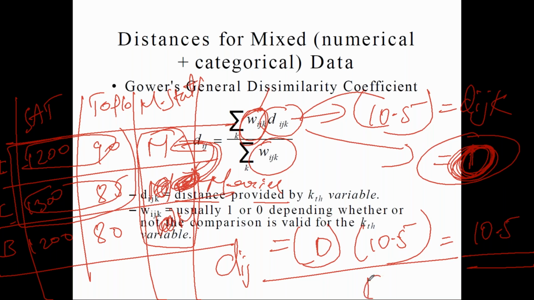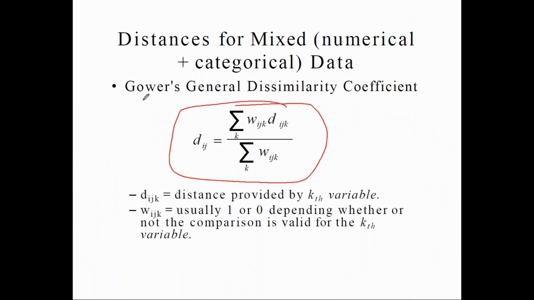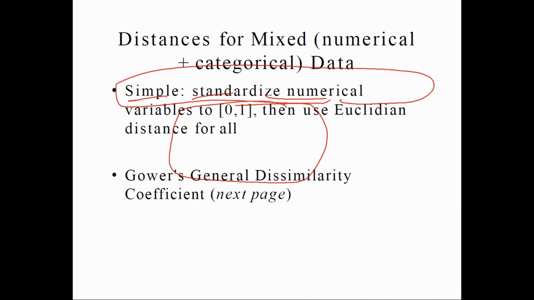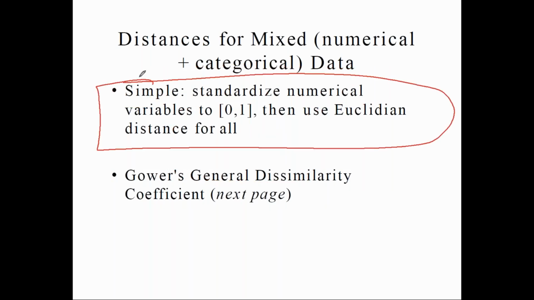So 10.5 into 0 is 0, and anything divided by 0 will be infinity or undefined. This is one of the disadvantages of using Gower's general dissimilarity coefficient. Rather than this, go with this formula, called simple Euclidean distance. This is better for any type of distance calculation.